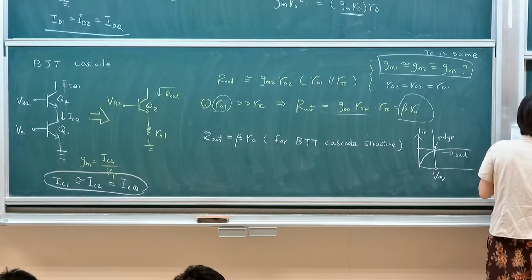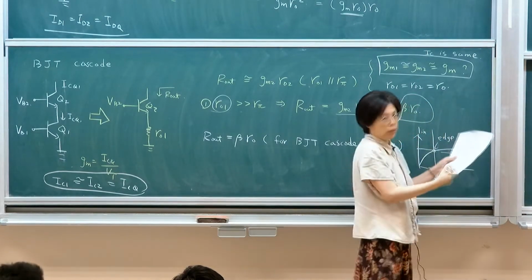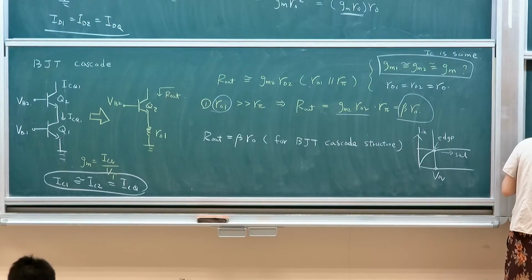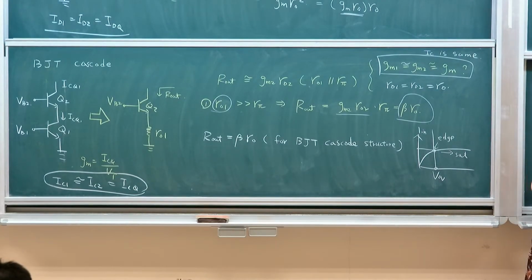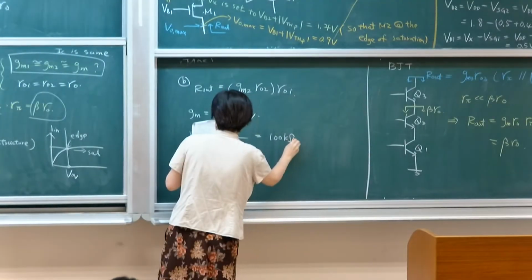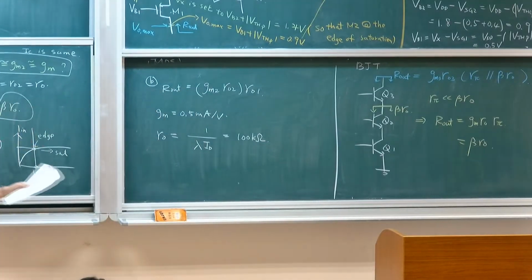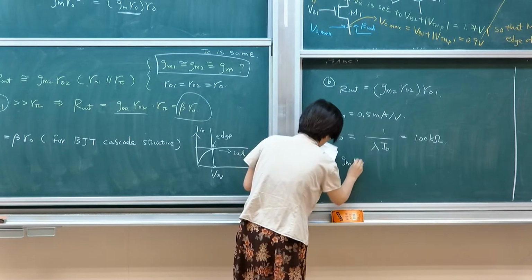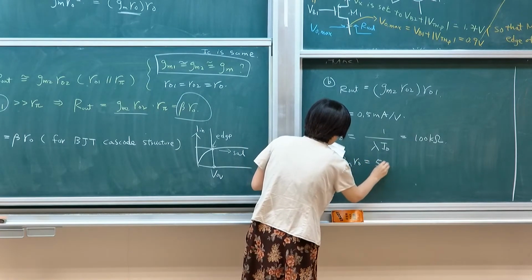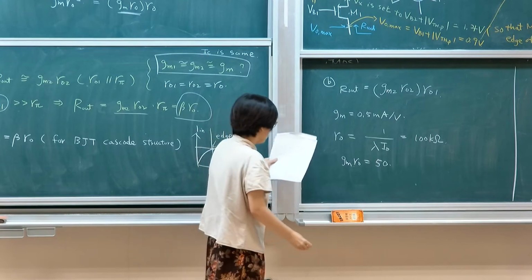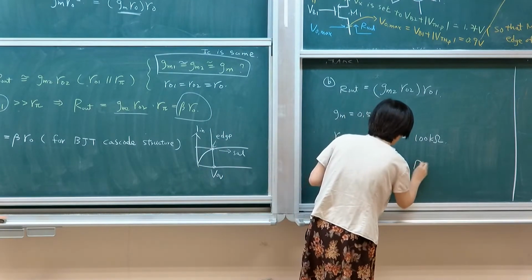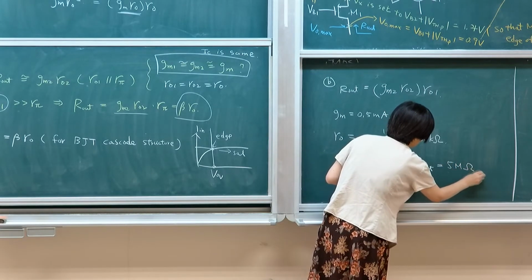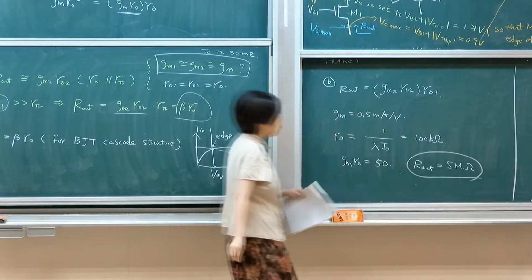We know that rO, there's only one rO, they're the same because they're the same current, lambda ID. So this is 100K. Once we have these numbers, we can find that gm rO equals 50. Get it right? Therefore, your R out is 5 megaohms.